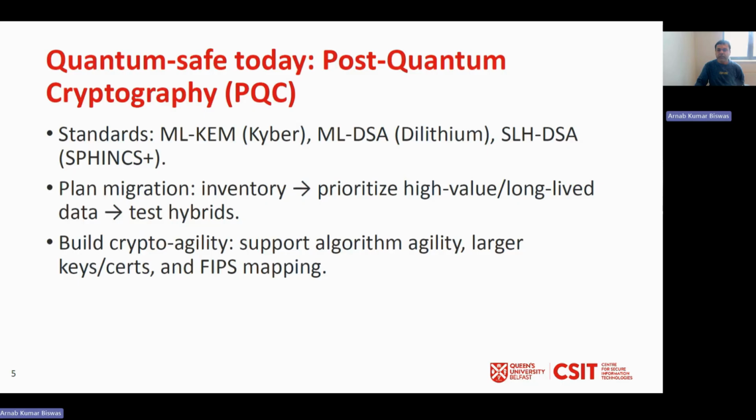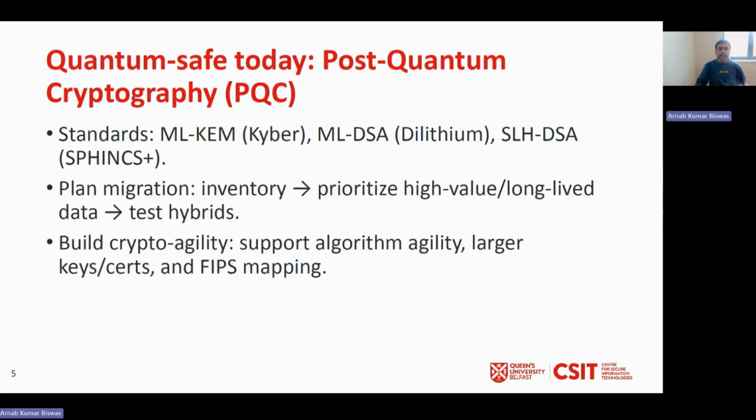So if we have any long-lived data that will be valid for more than, let's say, 10 to 15 years or even 20 years, and if the value of the data is high, we can prioritize those data for migration as soon as possible, utilizing the standards that are already there.